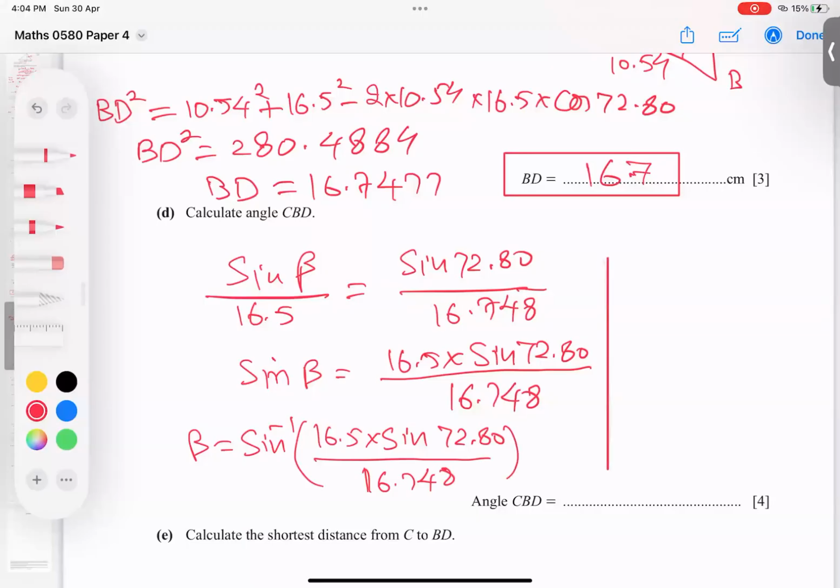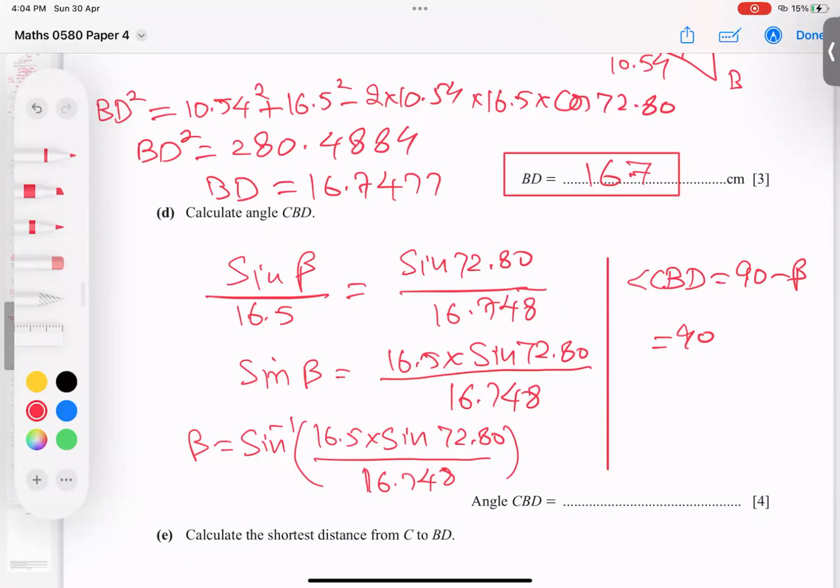After finding this beta, because my angle is angle CBD, from 90 I subtract beta. So I'm finding this in my calculator: sine inverse of 16.5 times 2 sine 72.80 divided by 16.748.